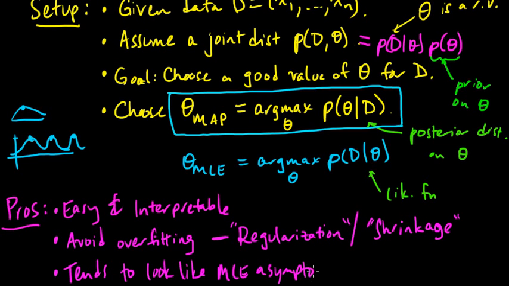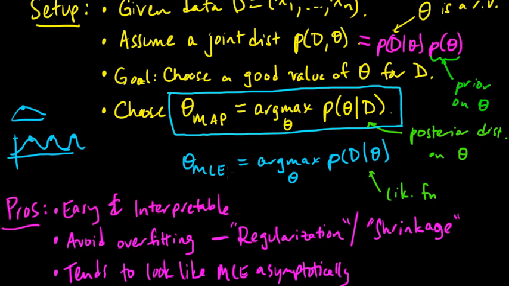Now remember that the MLE had some nice asymptotic properties which I didn't really describe in detail, and unfortunately the MAP doesn't have all the same nice asymptotic properties as the MLE. However, oftentimes it will converge to the same value as the MLE asymptotically, and so that's why I put it this way.